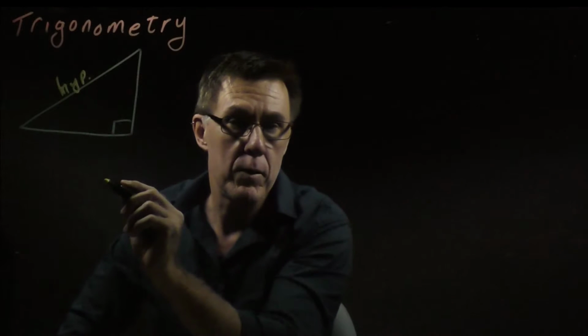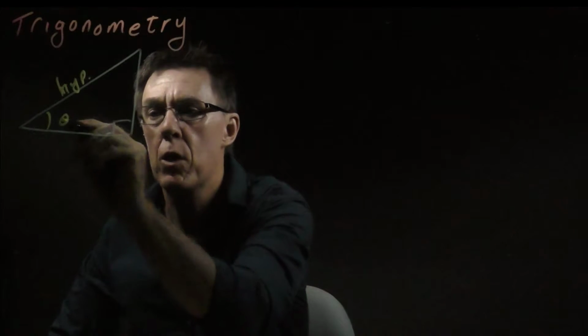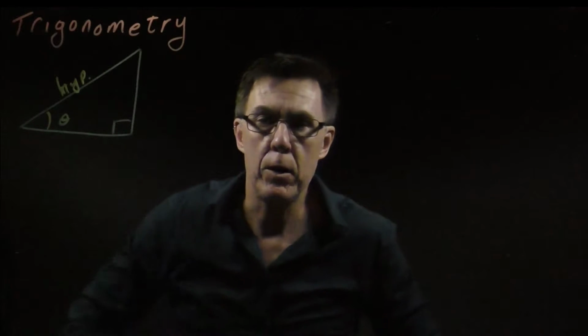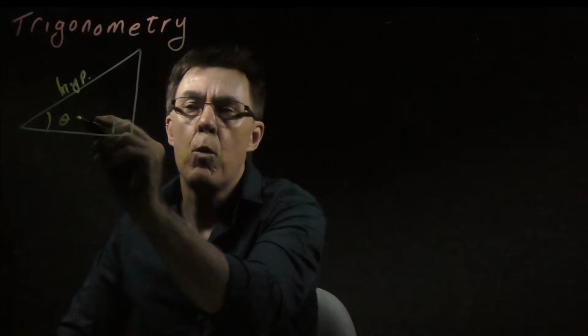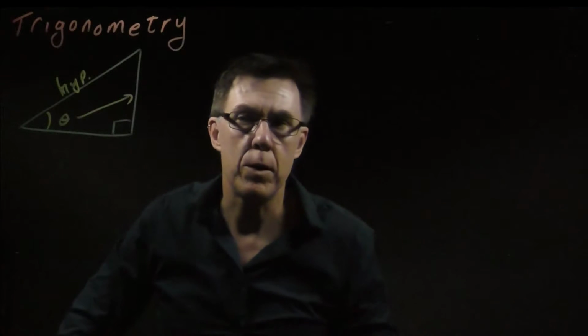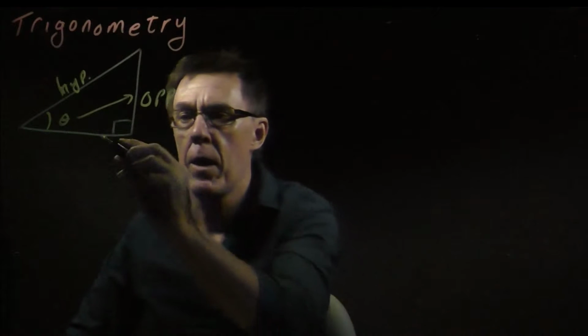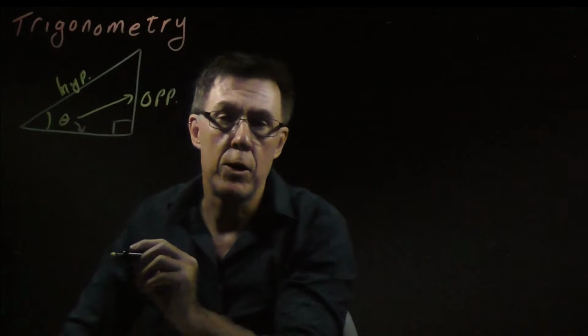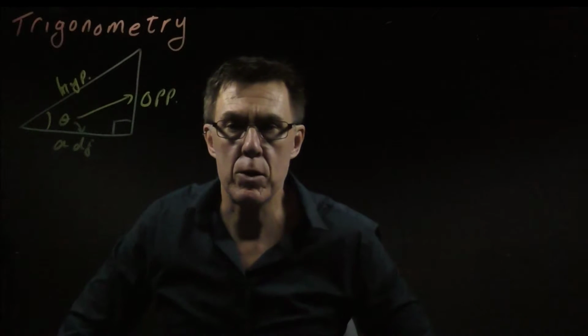They're always given in relationship to the angle you're talking about. So, if I use the Greek letter theta to represent that angle, the other two sides are, well, the one that is directly opposite the angle, we call the opposite side, and the one that is adjacent to the angle is called the adjacent side.